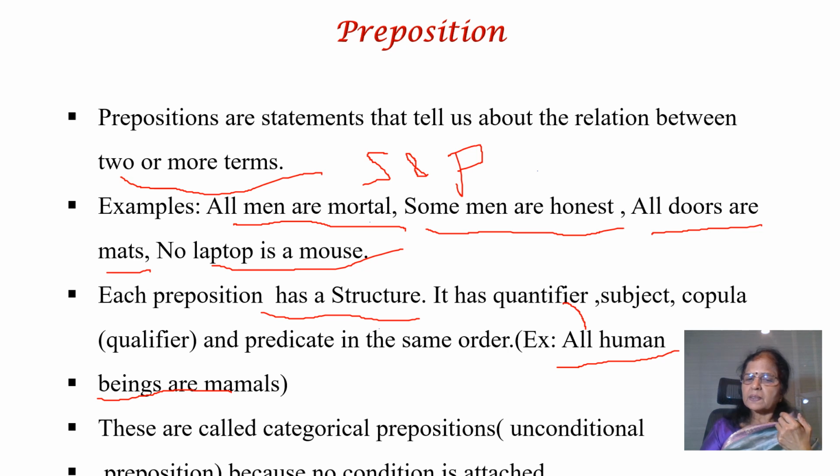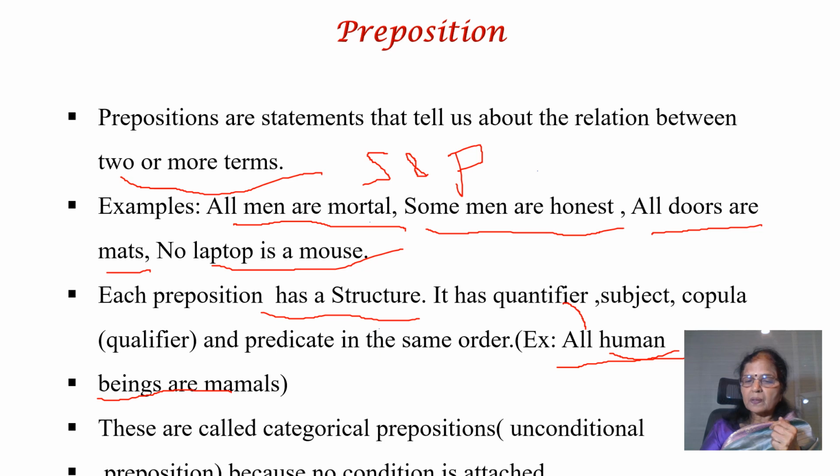So all these are called quantifier. And next comes the subject. What is the subject here? Human beings. Like in any English sentence, what we are talking about in the statement is the subject. Whom we are talking about, the human beings. So that is the subject.